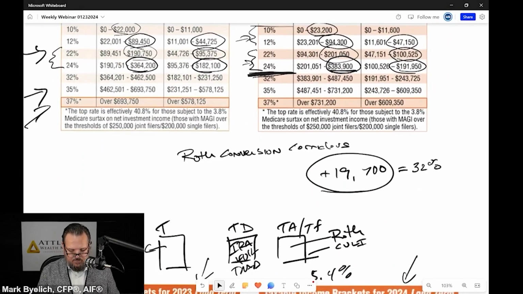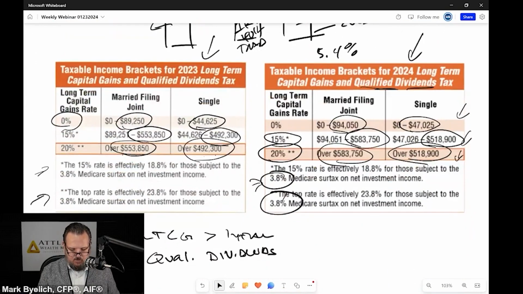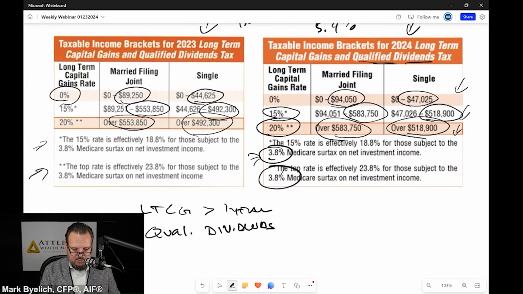Remember, you've got this extra 3.8% surcharge if you earn over a certain amount, and we're going to talk about what that amount is in a second. Your capital gains brackets went up, not your percentages, but the amount of income that can fit in those percentage brackets. That's a good thing.